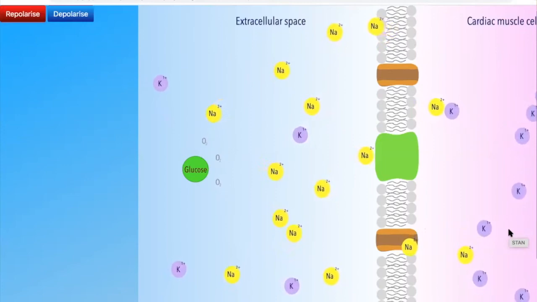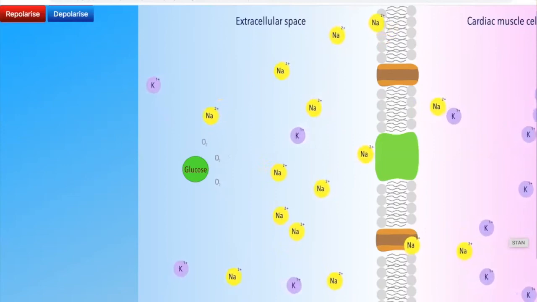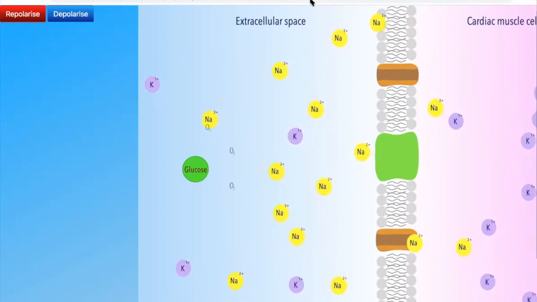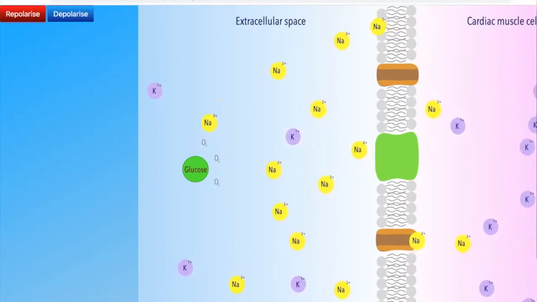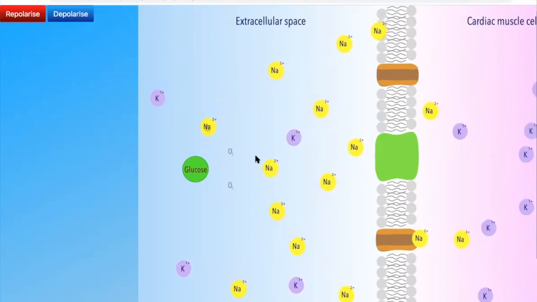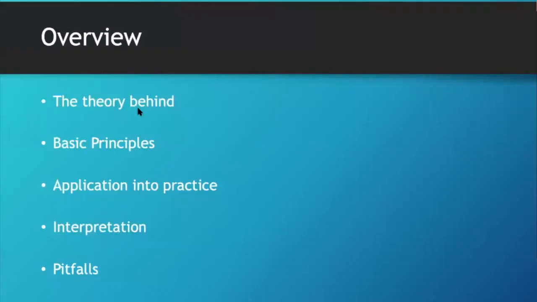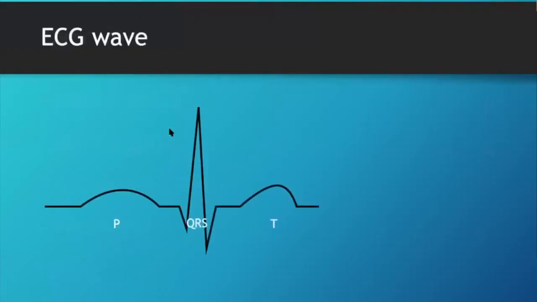So if I look at an ECG signal, there's a P, QRS, and a T wave. Okay. The P is the sum of the depolarization of the atria.